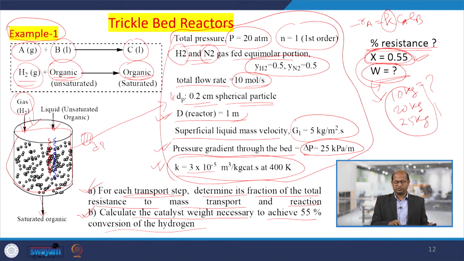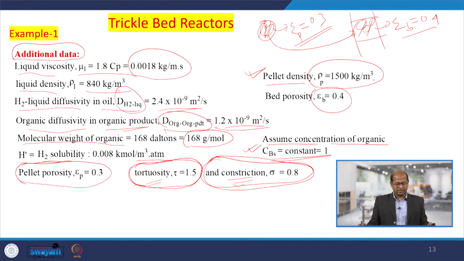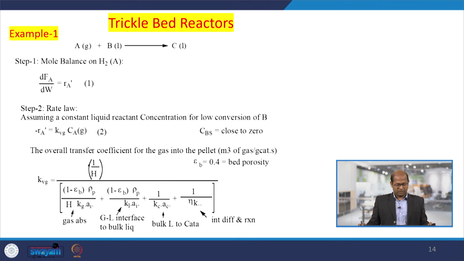Some other data are also given for this particular problem. Now we have to solve: we have to find the percent resistance and, for this conversion, the amount of catalyst we have to charge inside the reactor. So we proceed.